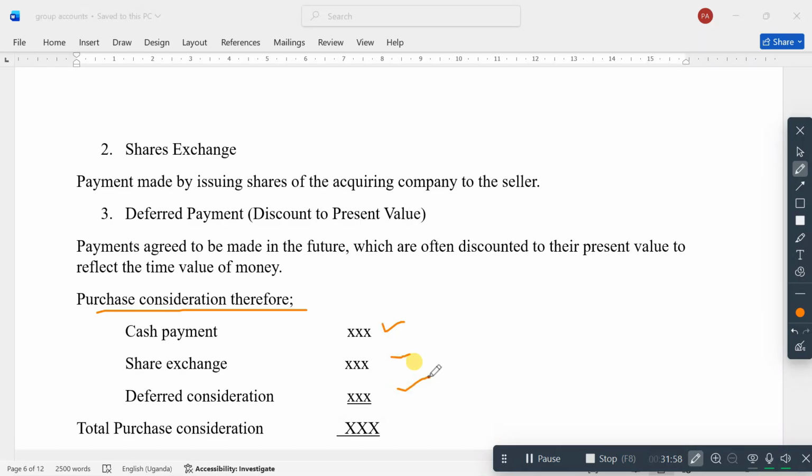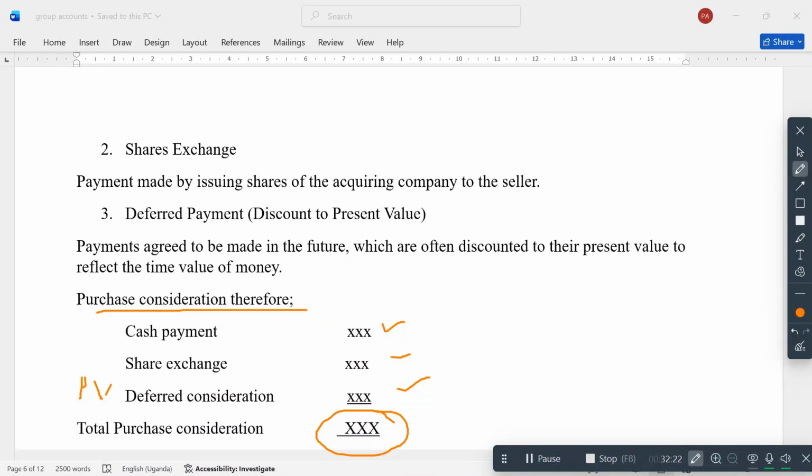However, don't forget, you are adding the present value, not the future value. Where you find deferred consideration, it means in that question they have given you some discount factors, or the discount rate you have to use to convert future value to present value. Then you will be able to determine our total purchase consideration.